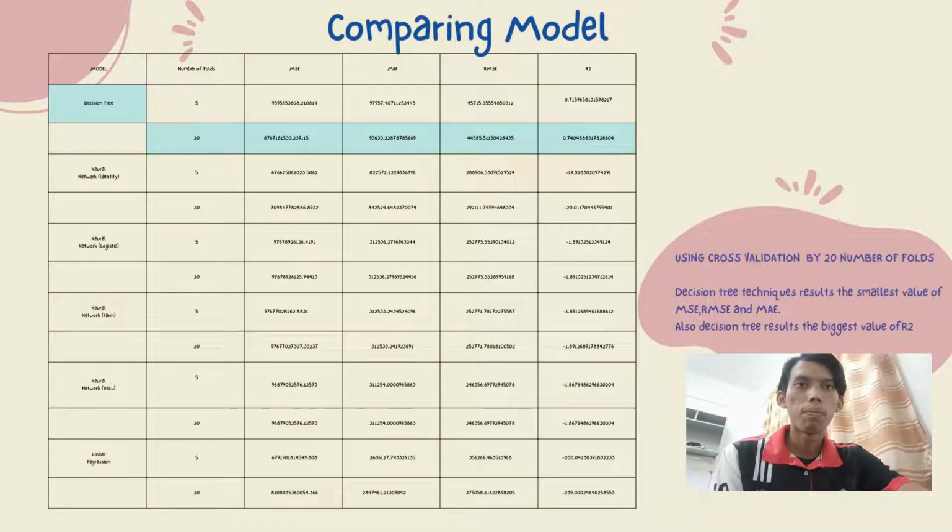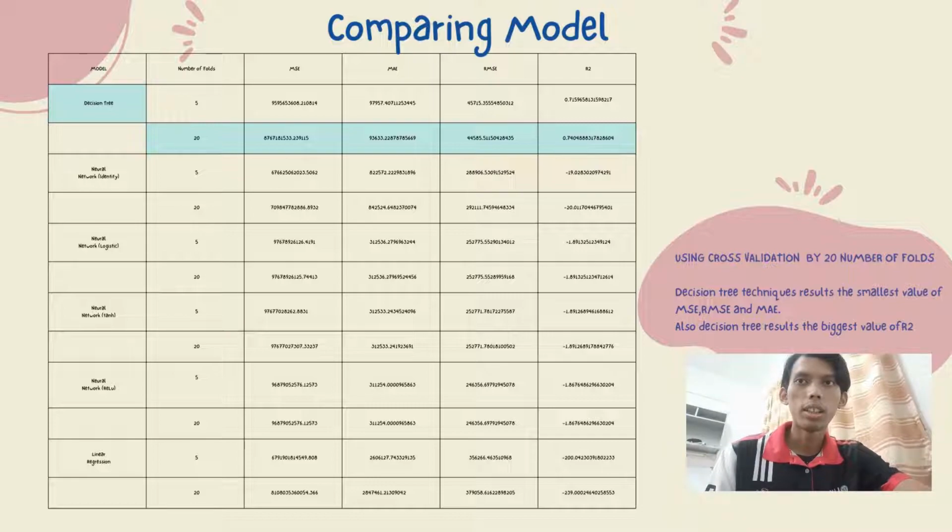From the result, we can conclude that decision tree is the best model among the three techniques, since the best performance from decision tree was tested using cross-validation with 20 folds. Decision tree results in the smallest values of MSE, RMSE, and MAE.